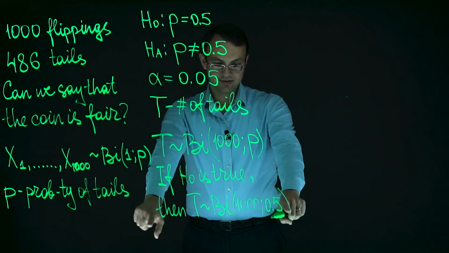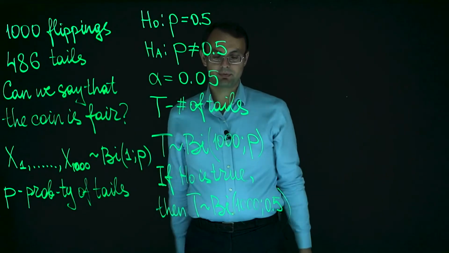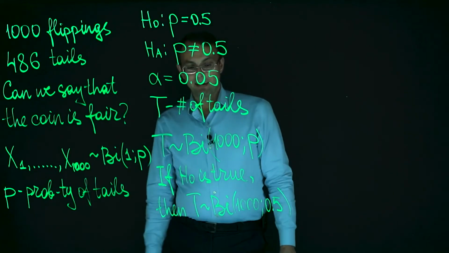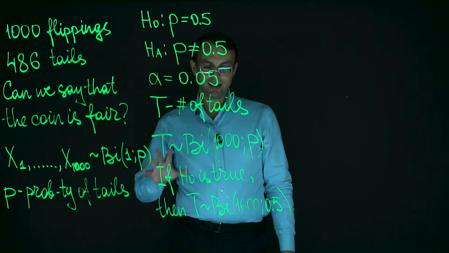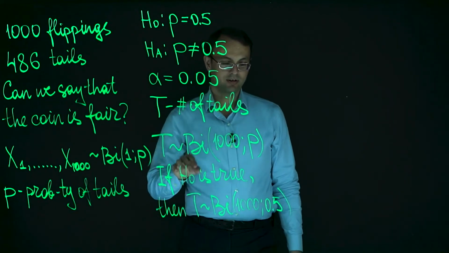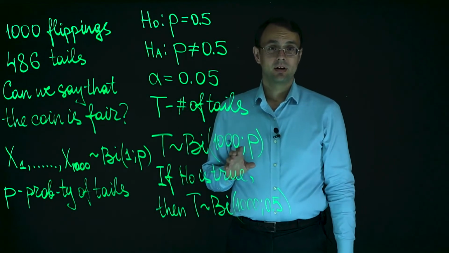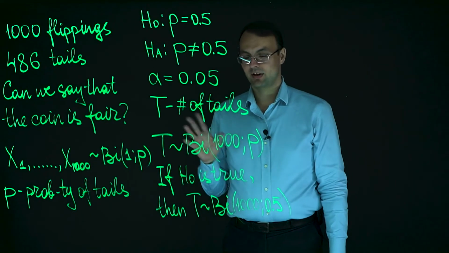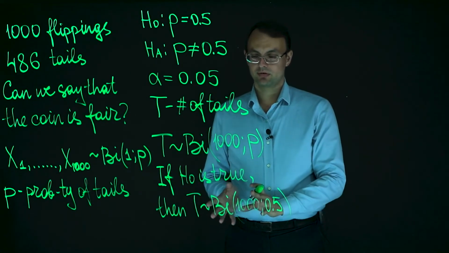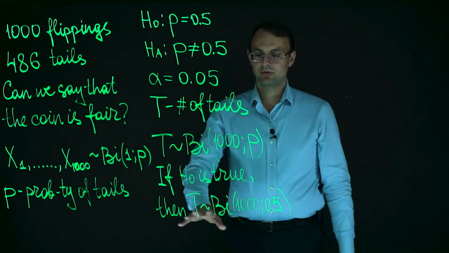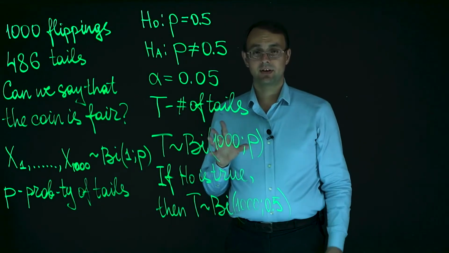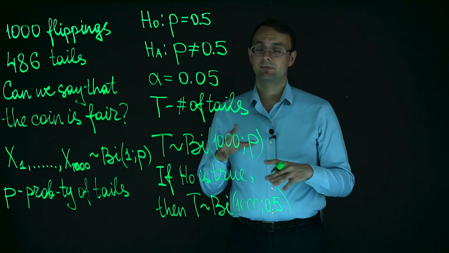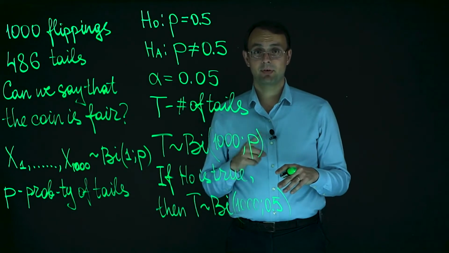So this is the proposition. But actually, we can use this one. It is almost acceptable to continue using this proposition as the basis of our test for this hypothesis.